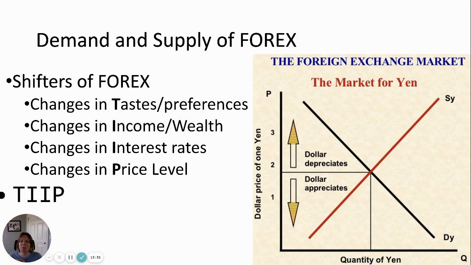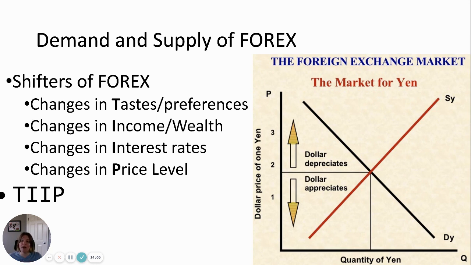Changes in income or wealth, because when our income goes up in a country, we will demand more imports, and that would decrease our net exports. Changes in interest rates. Just remember that high interest rates attract foreign currency. If we have a high interest rate in the United States, foreign investors want to take advantage. They want to buy our bonds and put money into our banks.